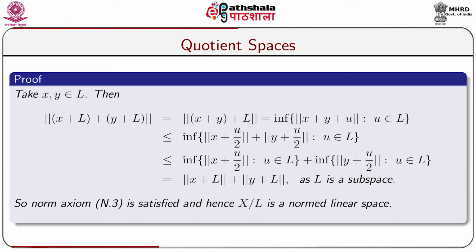So, the third norm axiom is satisfied, and hence X by L is a normed linear space.